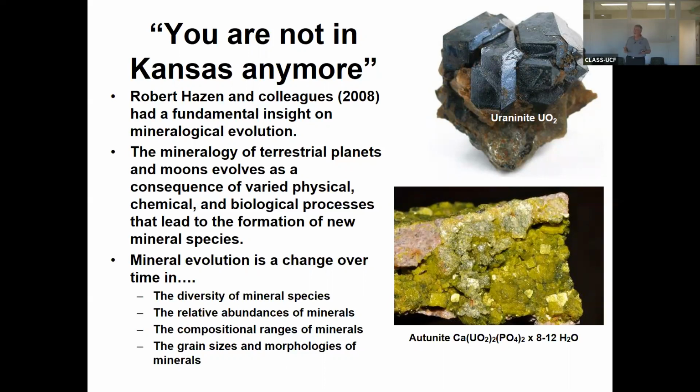The idea is that mineralogy evolves on terrestrial planets and moons and asteroids, basically as a result of physical, chemical, and biological processes. And this evolution leads to a radiation of mineral species.